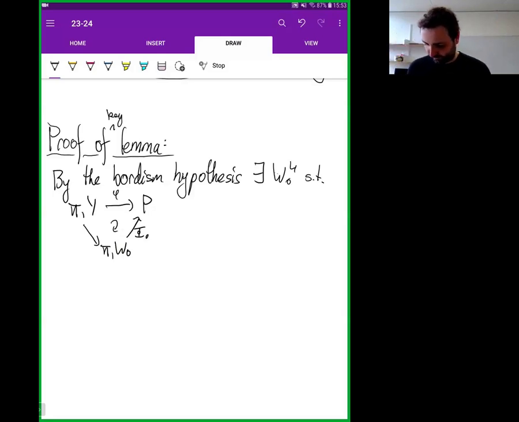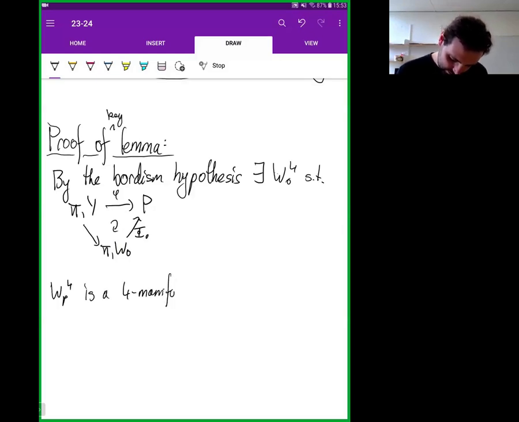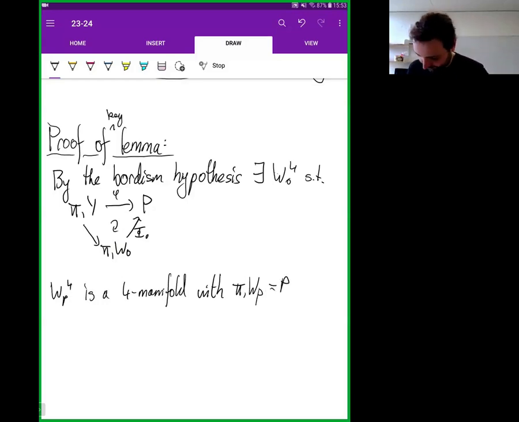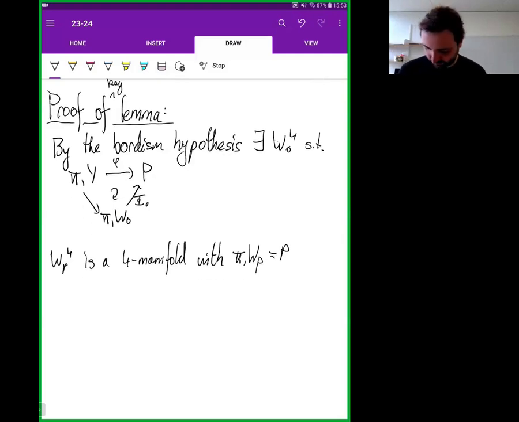And now we're going to define a bunch of stuff. So we're going to say W_P is a 4-manifold with pi 1 of W_P equal to P. I guess I didn't need to say it was a 4-manifold. And we're just going to do some connect sums.